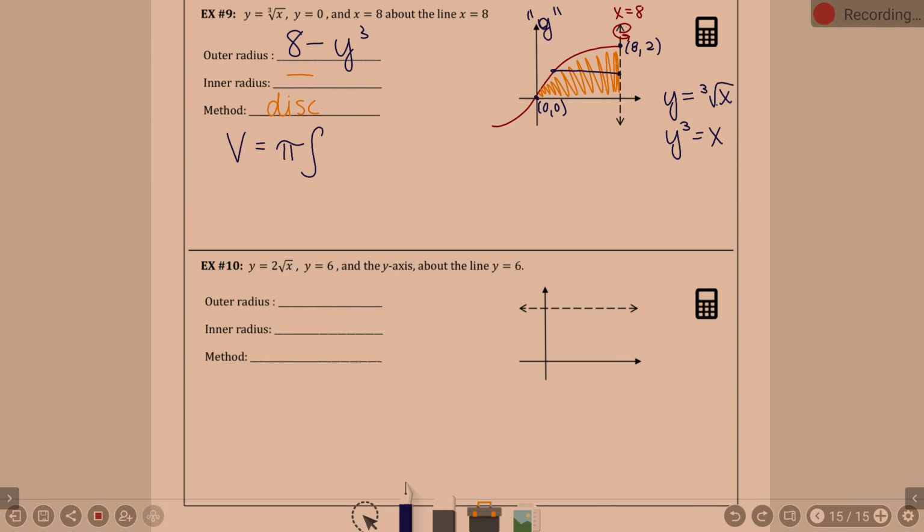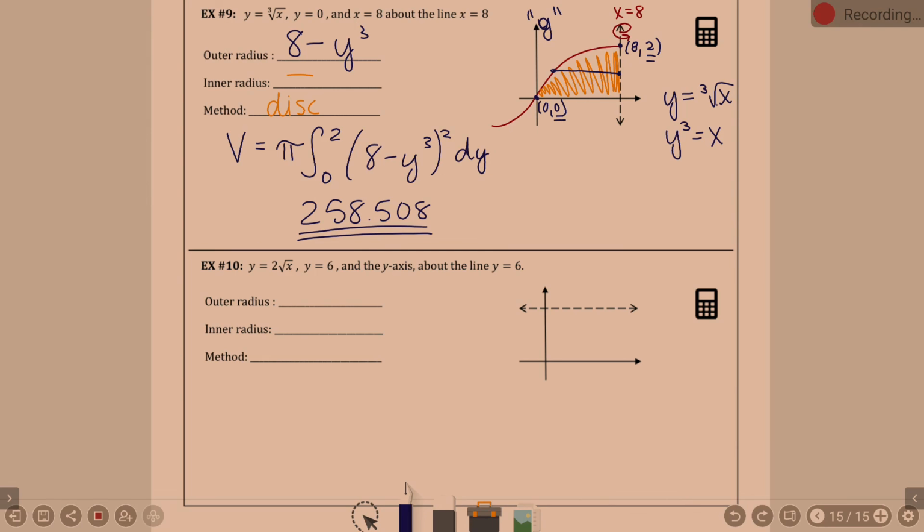We need our y values, so we're going to be integrating from 0 to 2 of 8 minus y cubed, quantity squared, dy. 258.508 is my calculator answer.